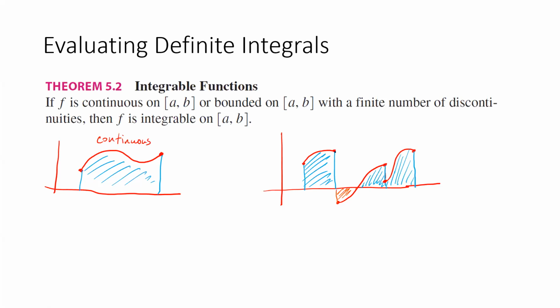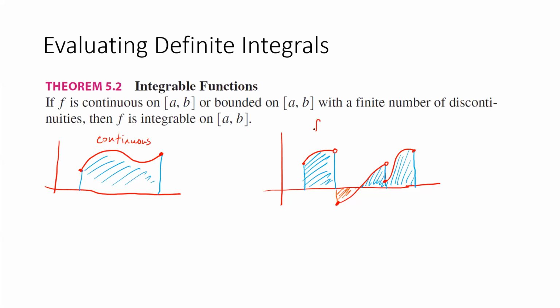Even though there are these points of discontinuity, maybe here it's good to put a hole there, there's a jump in the graph at those points, you can still compute the area under the curve, right?